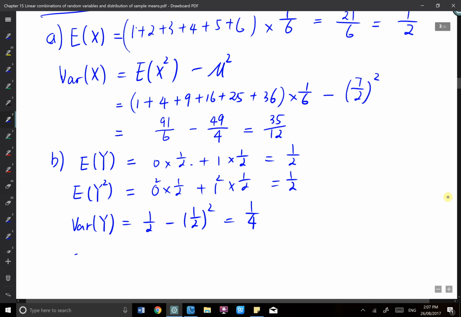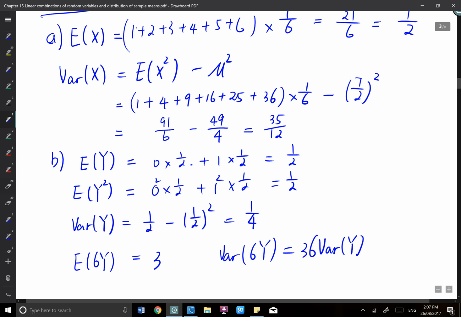What I'm asking is expected 6y, so that's 6 times expected y, which is 3. The variance of 6y is 36 times the variance of y, that's 9.